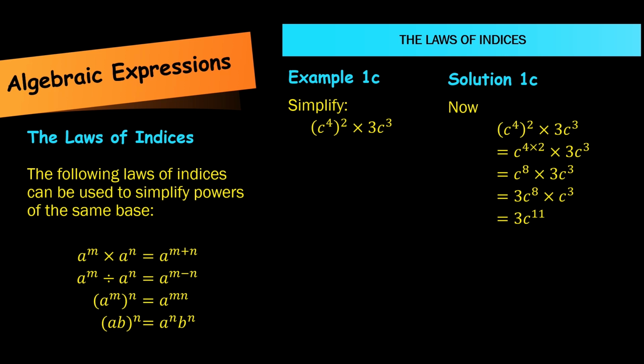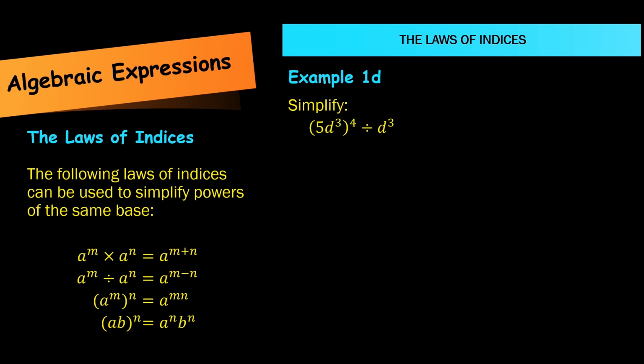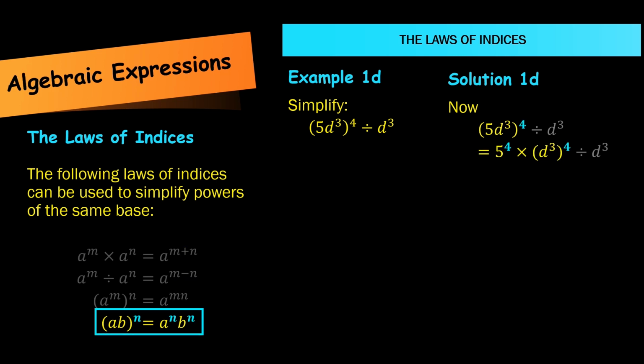We now attempt example 1d. Solve the first part of the equation using the law highlighted. So 5d cubed all raised to the power 4 equals 5 to the power 4 times d cubed to the power 4. Now using the third law, we have d cubed raised to the power 4 equals d to the power 12, as shown.